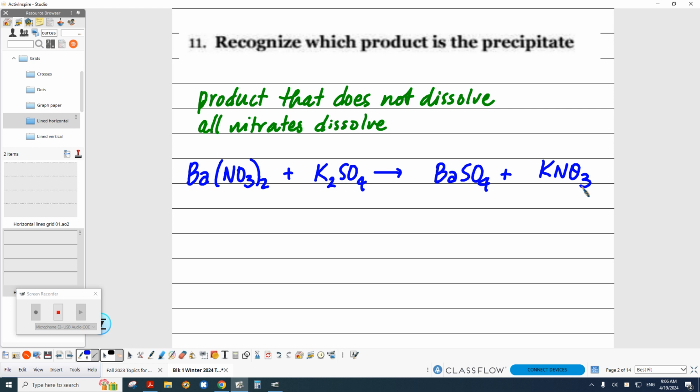I can tell right away because there are two potassiums on the reactant side and only one on the product side. Therefore, there must be a 2 here. So that takes care of the K. That also doubles the number of nitrate groups right over here, which is great. Now it's all balanced. Barium 1, nitrate 2, sulfate groups balanced.